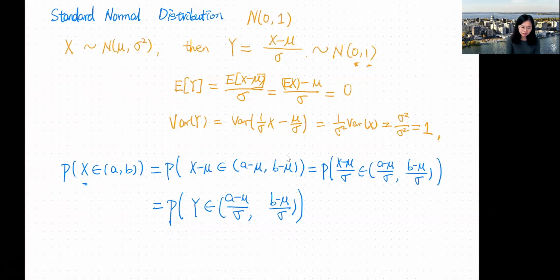You will see that here I call this shifted and scaled random variable y, but the generic notation for standard normal random variable is in fact z. So we will use z a lot to denote a standard normal random variable.